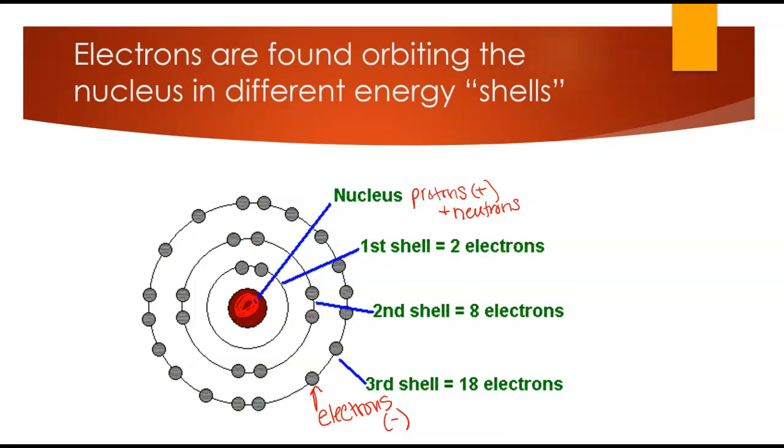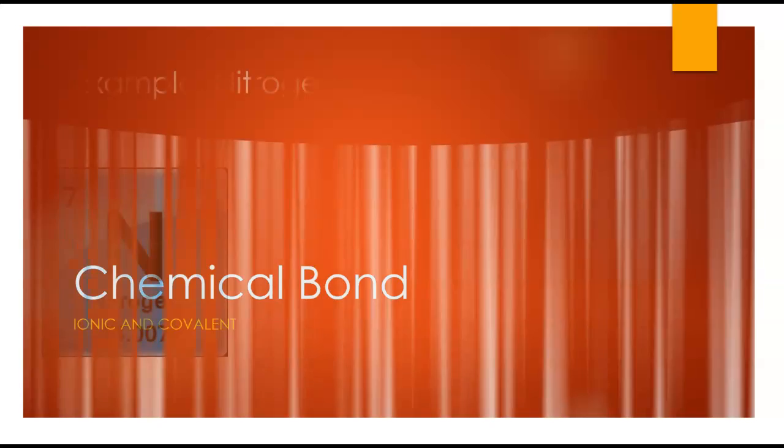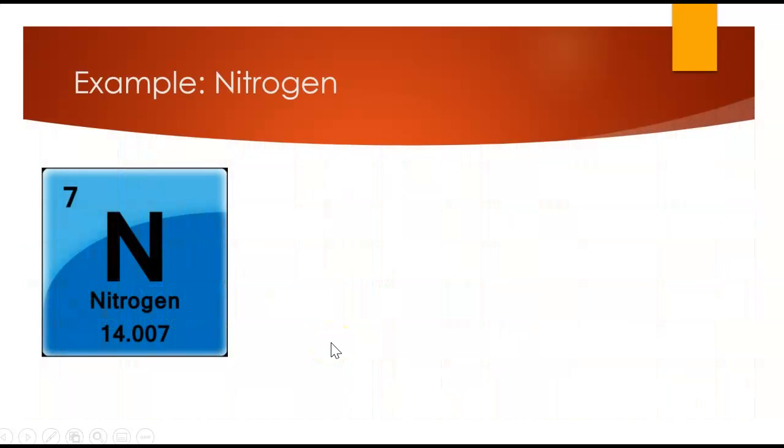Now, here's how this works. Let's use nitrogen as an example. Nitrogen has an atomic number of 7, so we know that it has 7 protons. Because things are neutrally charged for the most part, unless indicated, if it's got 7 positives, we know that it has to have 7 electrons as well.